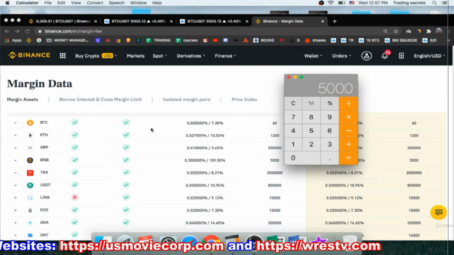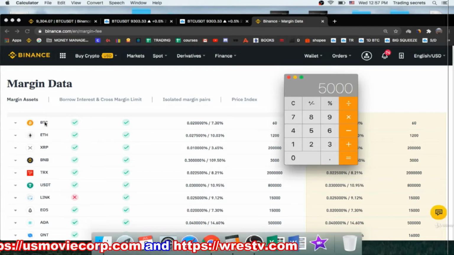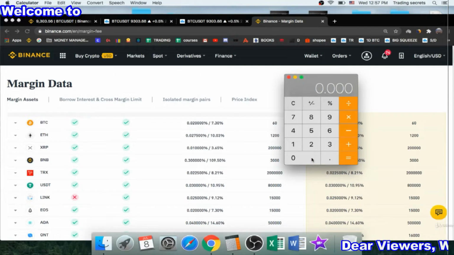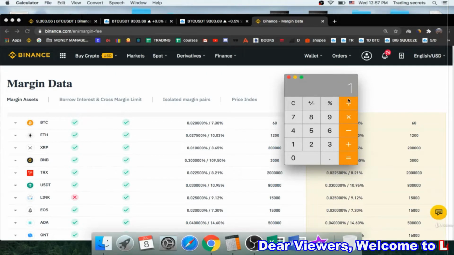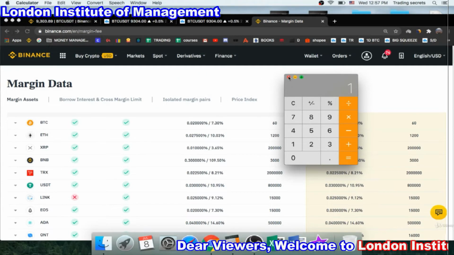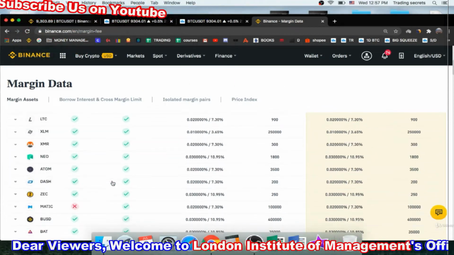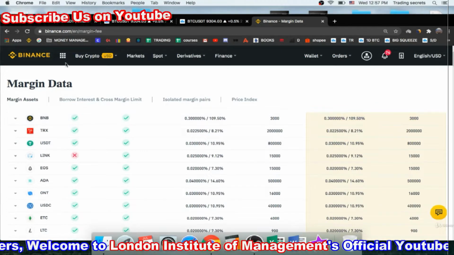Again, you will borrow Bitcoin, but this Bitcoin is equivalent to dollars, right? So if you borrow Bitcoin equivalent to $5,000 and the fee is 0.002, it means you are going to be paying $1 a day. So it's not that bad at all. You can borrow everything, just don't borrow BNB, just like I told you, right?